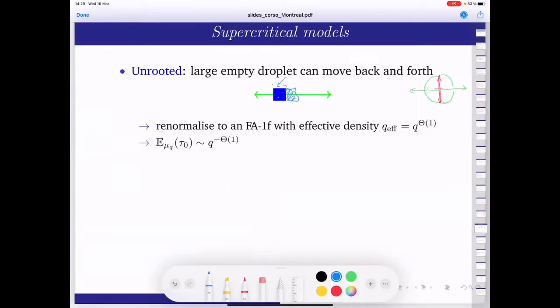So the key ingredient, which comes from the bootstrap percolation result, is that whenever I have a green semicircle, if I only know that I have a green semicircle, I know that I'm able to construct a droplet which, if empty, can be moved here.